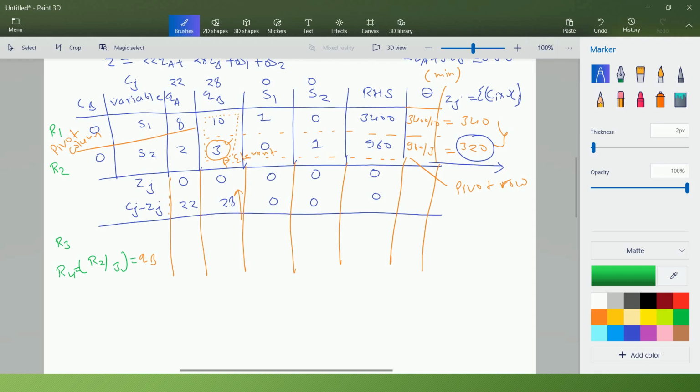So we have written QB here and we are dividing by 3. So I will get 2 by 3, 1, 0, this will be 1 by 3. 960 divided by 3 is equal to 320. Here we will have S1, which will be the same.